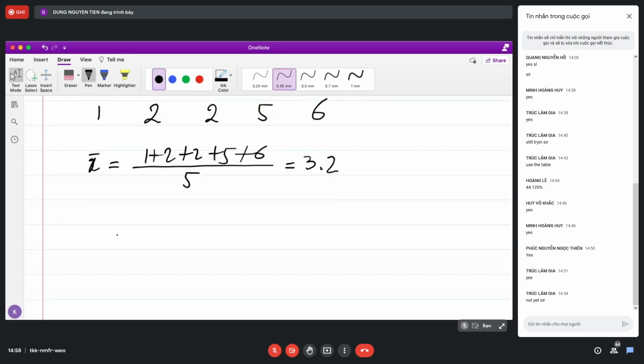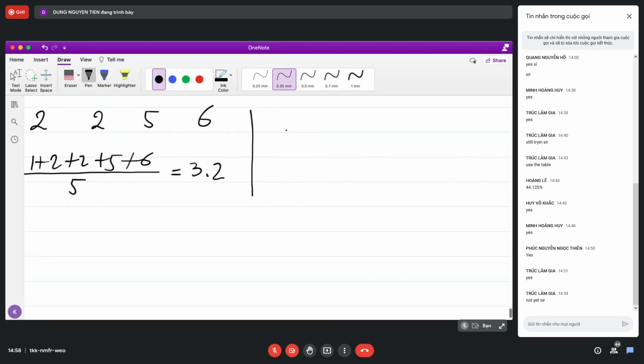And then if you do another measurement, you can get different numbers. You can get 1, and then 10, and then 2, and then 1, for example.